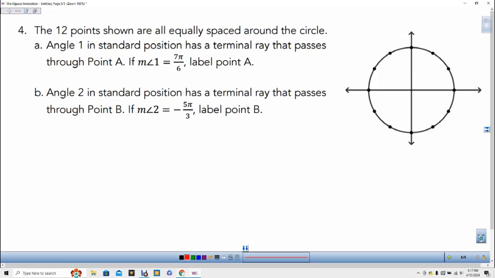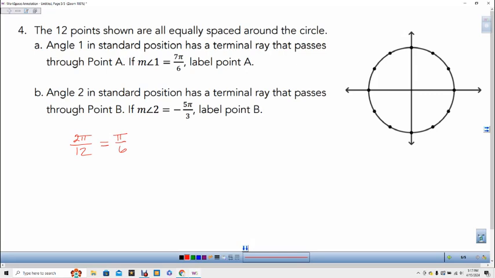All right, so 12 points. So we've got 2 pi is the whole circle. That's all the way around. If we're equally dividing that into 12 parts, what does each part do? Well, each part sweeps out pi over 6.